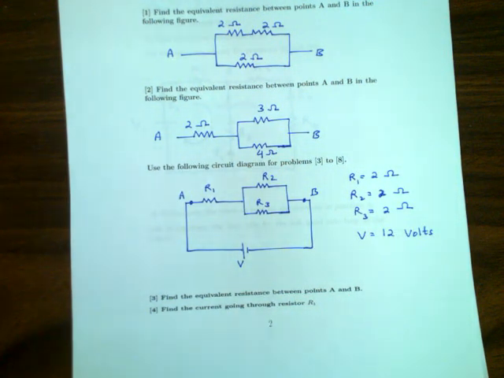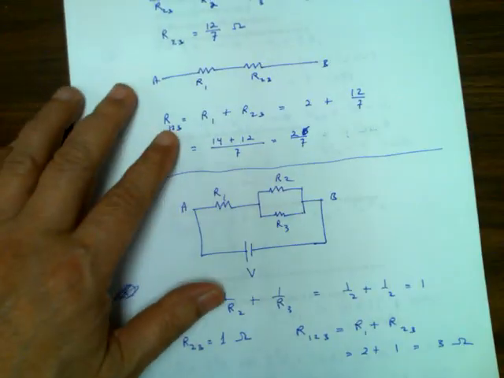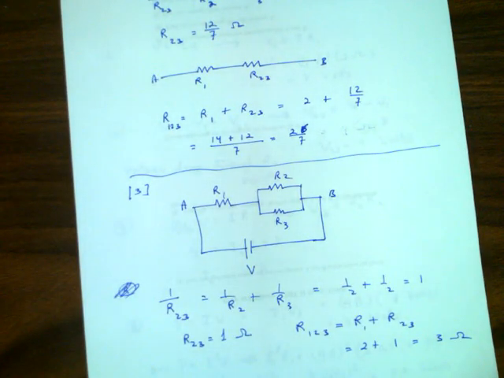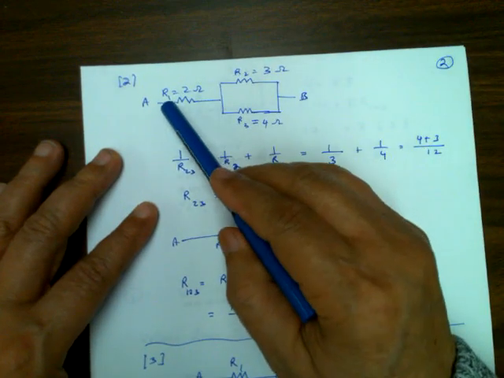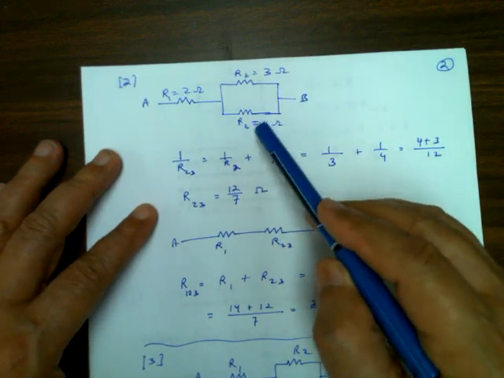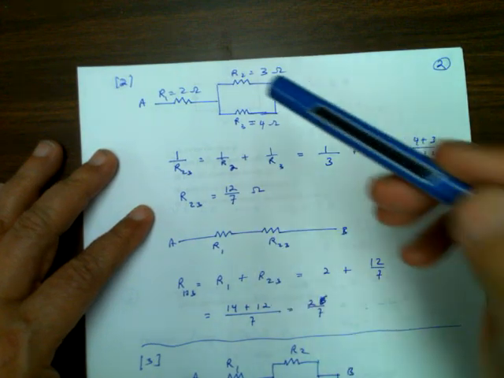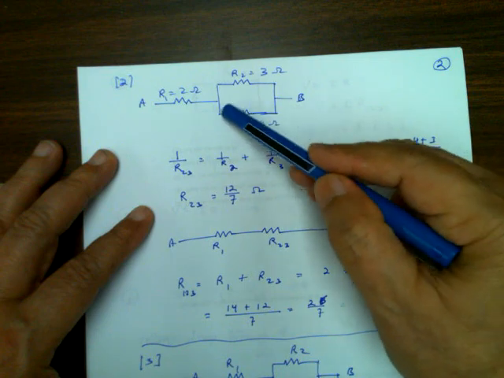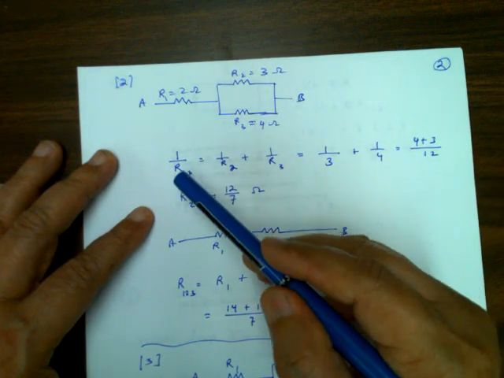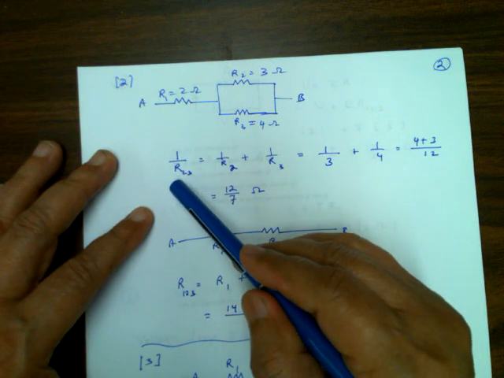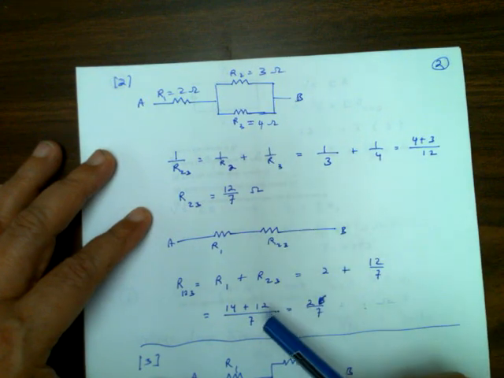So let's look at the answer for number 2. Excuse me. I call this R1, this is R2, R3. R1 is 2 ohms, R2 is 3 ohms, R3 is 4 ohms. So in order to find the equivalent resistance between these two, because they are in parallel, I have to use this formula: 1 by R23 is equal to 1 by R2 plus 1 by R3.